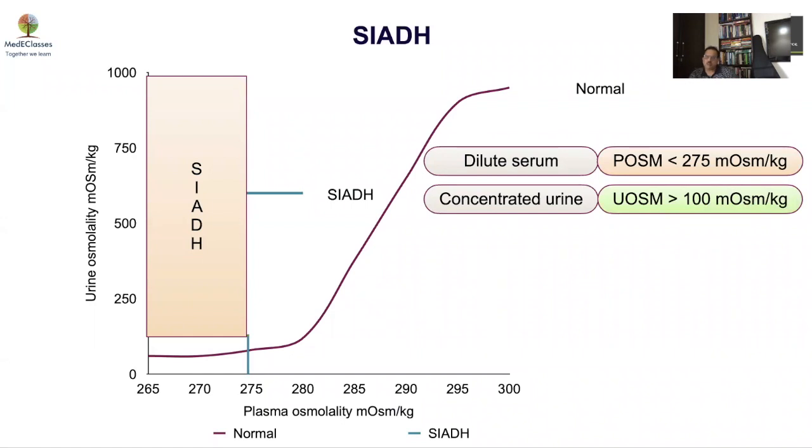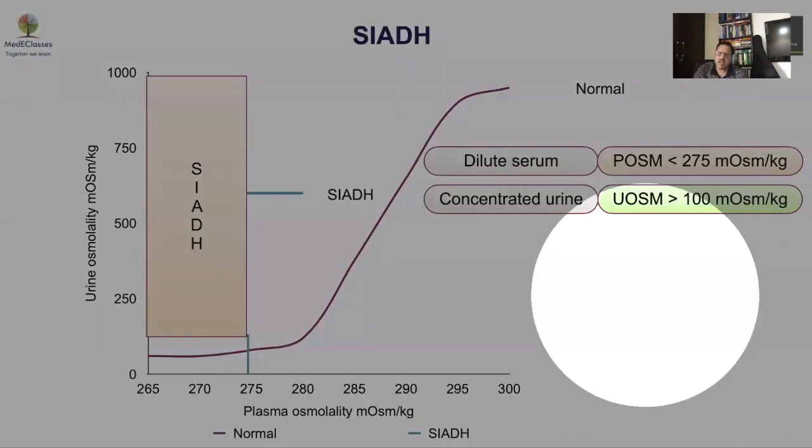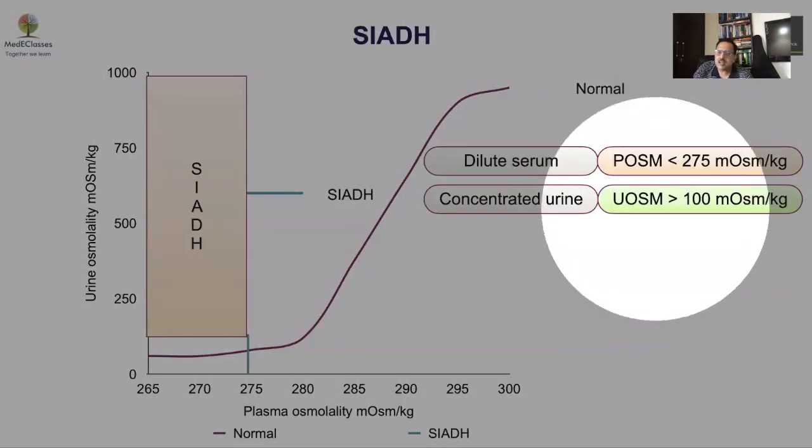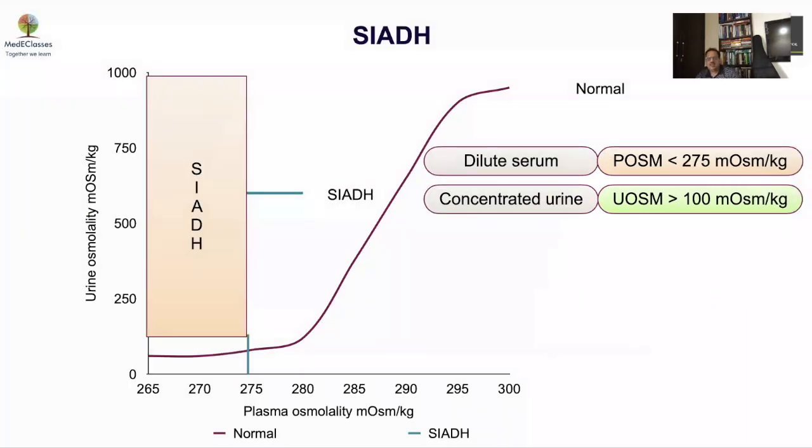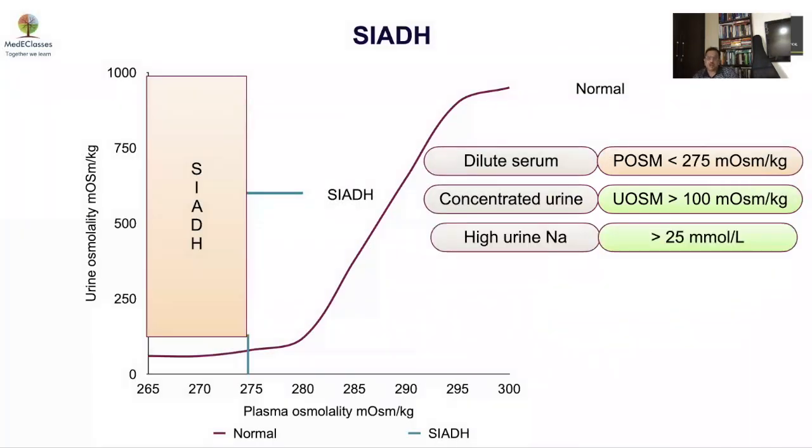So if your osmolality is less than 275, or the sodium level is less than 130, and urinary osmolality is high, this is SIADH. You need to have a high urinary sodium. Very importantly, there should be no adrenal, renal, thyroid, or liver dysfunction, because if you have a cortisol deficiency, you'll have a similar picture as seen in the index case.